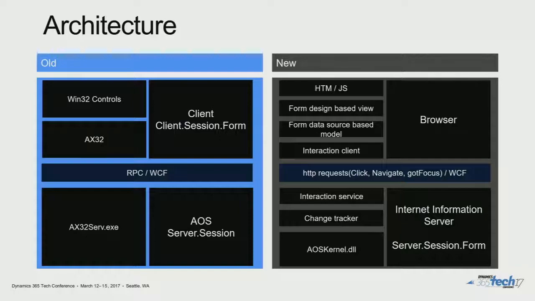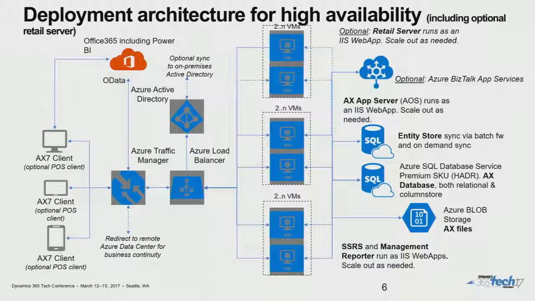The AOS is nowadays a pure DLL, living and breathing in IIS. So that's just to help you understand how the rough layout is. The batch server is still its own exe, so batch.exe.